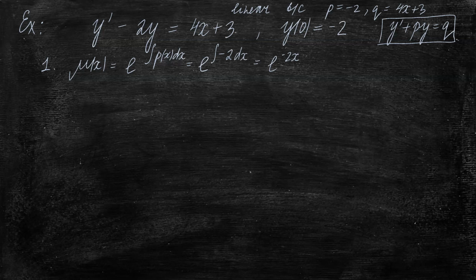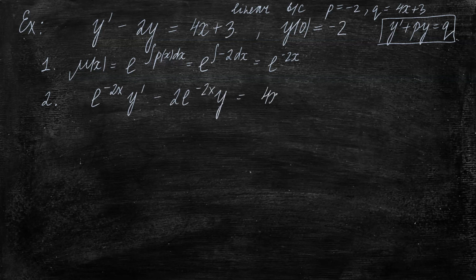And again, we don't need plus c here because we only need one such function to be able to continue with the solution. So we just make c equal 0, and we continue by multiplying everything by e to the -2x, which is the integrating factor that we found.